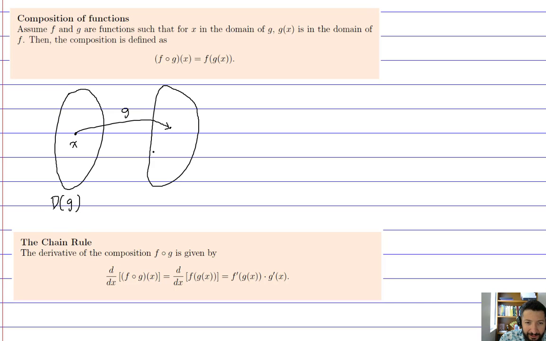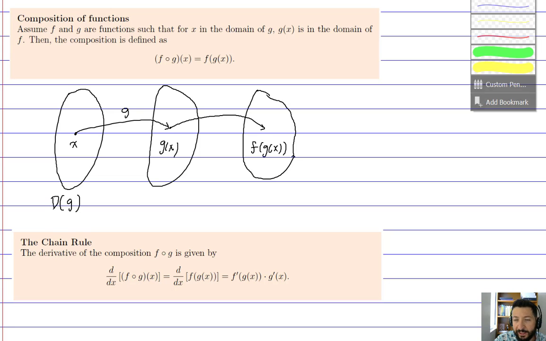So what we get as a result is g of x. Now, if g of x happens to be in the domain of the function f, then I can plug that number that I obtain from calculating g of x into f, and I get f of g of x.